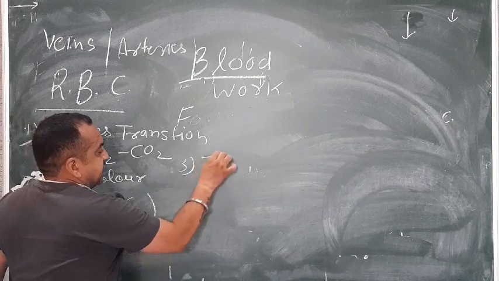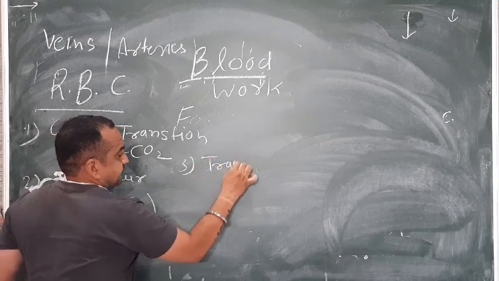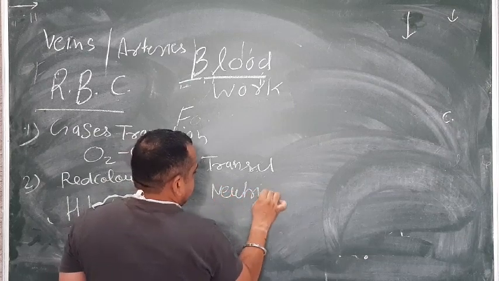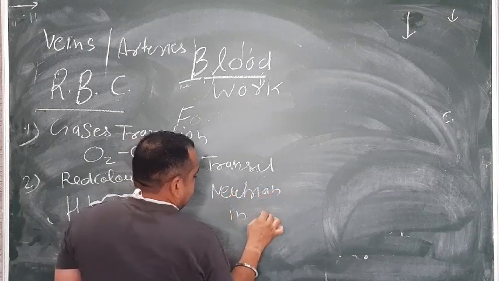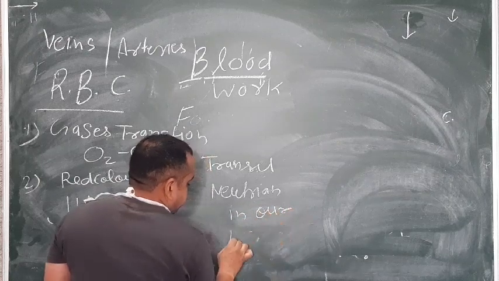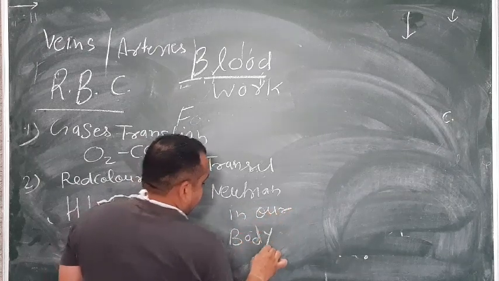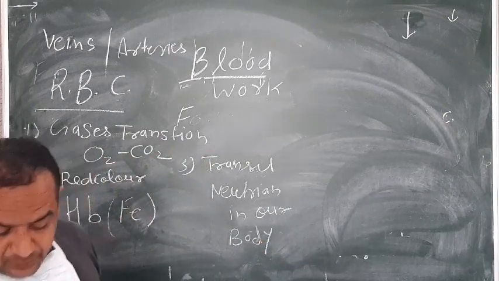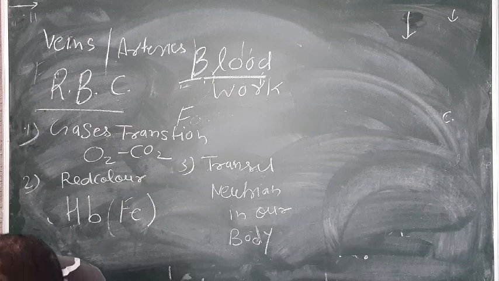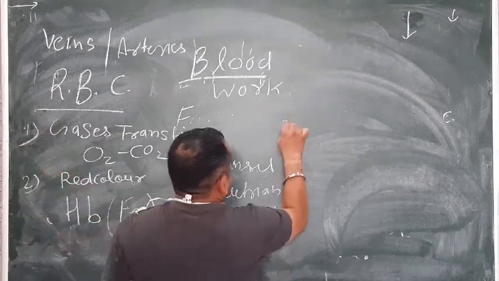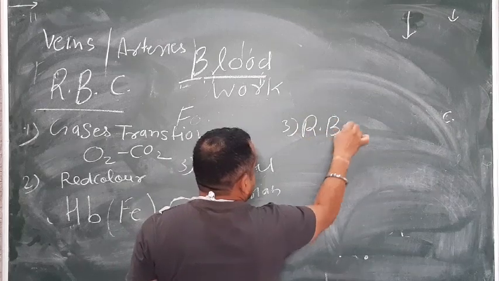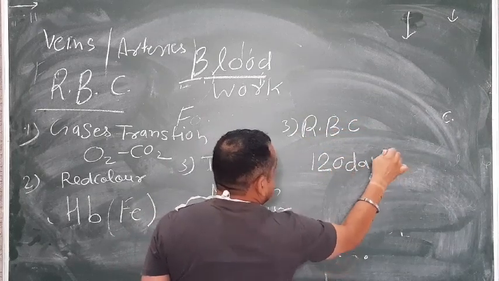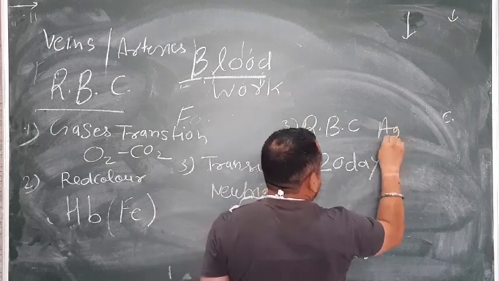RBC transit nutrition in our body. RBC age is 120 days.